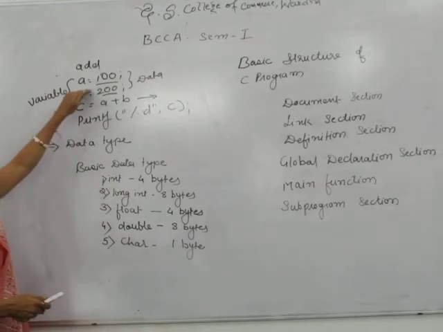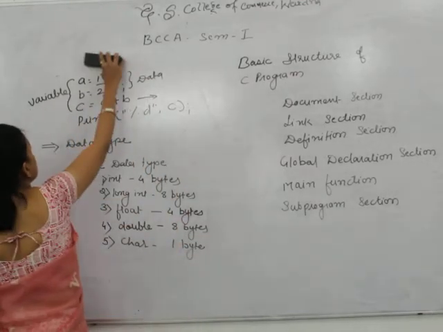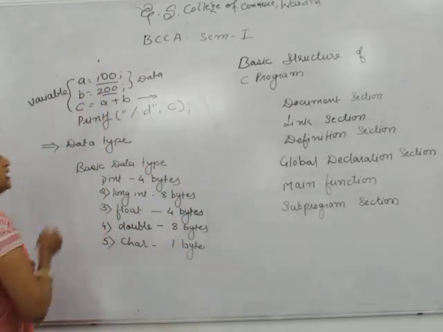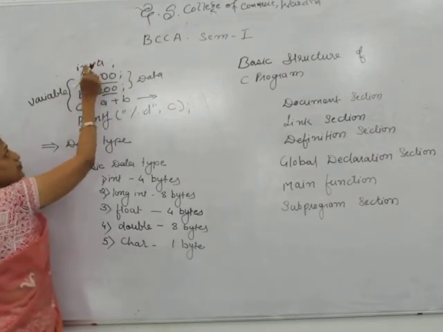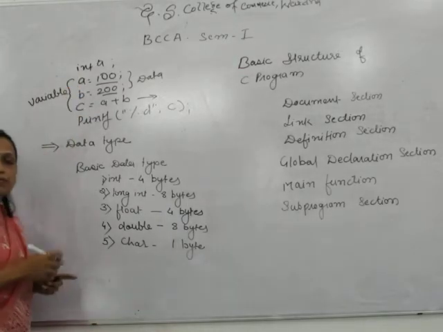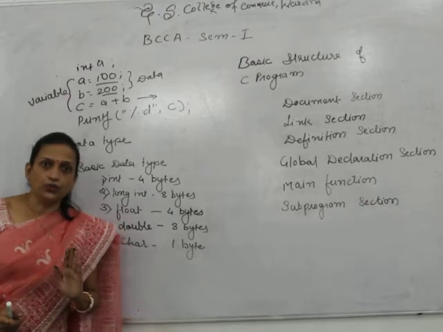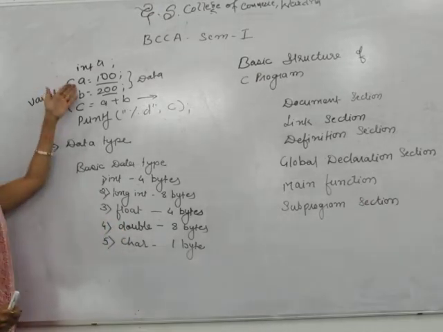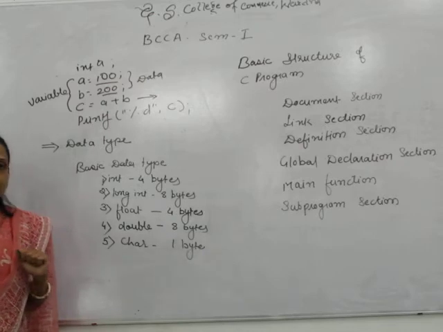Okay, so before assigning the value, you have to first declare its type. That means int a. If you declare a as int, then a is capable to hold only integer type value. Okay, तो a आपकी सिर्फ इंटीजर टाइप ही वैल्यू स्टोर कर सकता है.